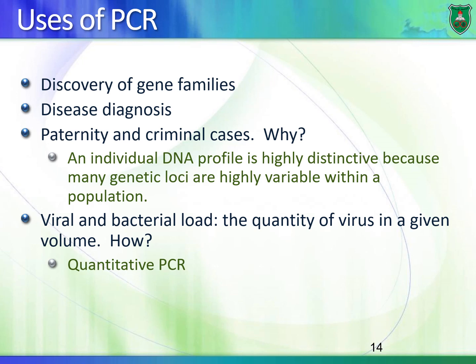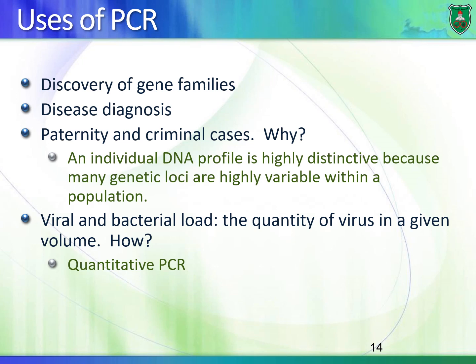We can use it as well for paternity and criminal cases. So instead of using RFLP, which takes a long time and requires the use of radioactive probes, we can just do PCR to amplify certain regions in the DNA. These regions could distinguish individuals from each other.